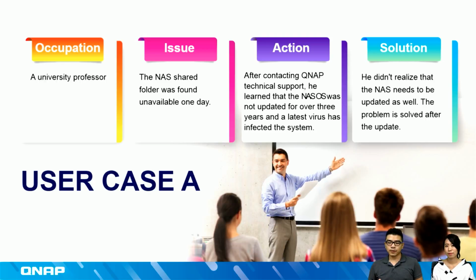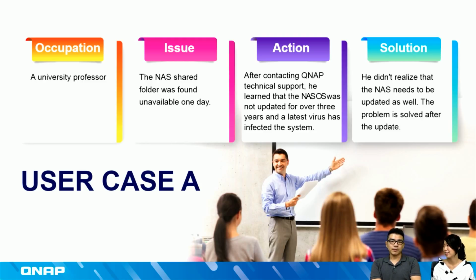When we are using a smartphone or computer or any other devices, we will often see a pop-up message reminding us to update the OS to the latest version. But somehow we are lazy, like okay, I'll do it later, or it's not really important, it takes me too much time.